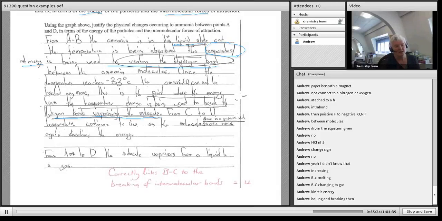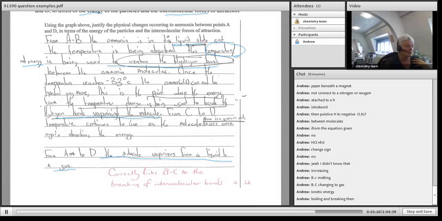Because if you were adding heat and it was going into breaking of bonds, then the temperature wouldn't go up, because the energy was being used elsewhere. So that's why this person, although they had the idea of the molecule was changing from a liquid to a gas, from A to D, there wasn't enough information given.